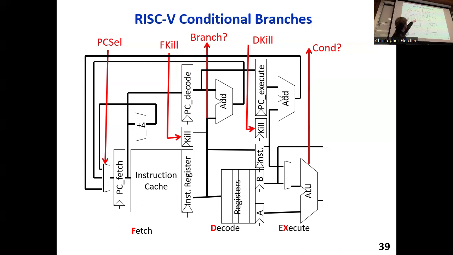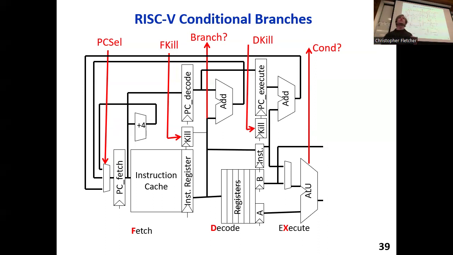But if you look carefully, you see a separate add unit that has been added to the decode stage of the pipeline, which uses the branch offset and the PC derived from the branch PC to determine what the target is. And that information goes back, and similar to the way that we handled jumps before, a control signal indicates that this will be our next PC, as opposed to the original PC. So there's nothing fundamental about this diagram in terms of the microarchitectural elements that we've used to implement branches.